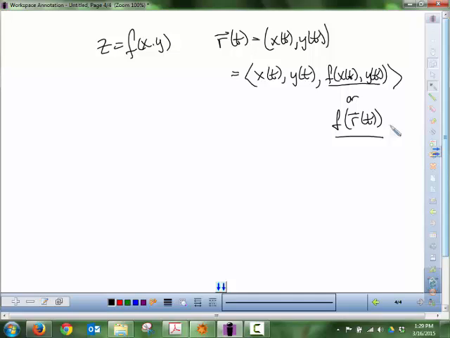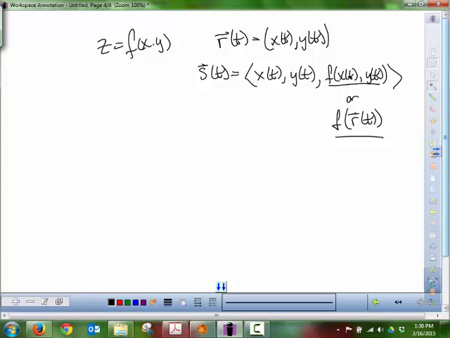Okay, so let's call this something else, S of t or something. So we have this three-dimensional curve now with the same x and y components as a two-dimensional curve, but now we're composing the third component to be projected onto that function.